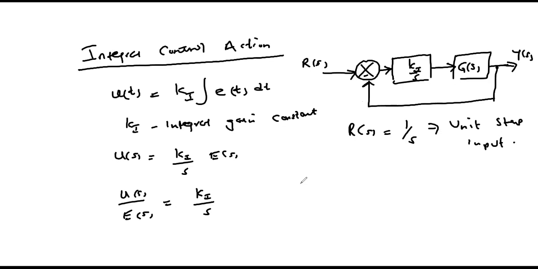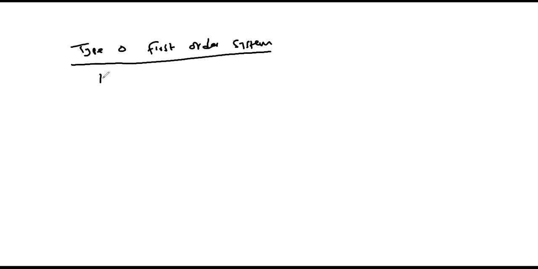We can proceed to test the operation of the integral control action on type 0 systems, and we'll start with a type 0 first order system. The effect of the integral control action in a type 0 first order system: the controller is defined by Ki over s, and the plant G of s is defined by 1 over Ks plus C, being a type 0 first order system.